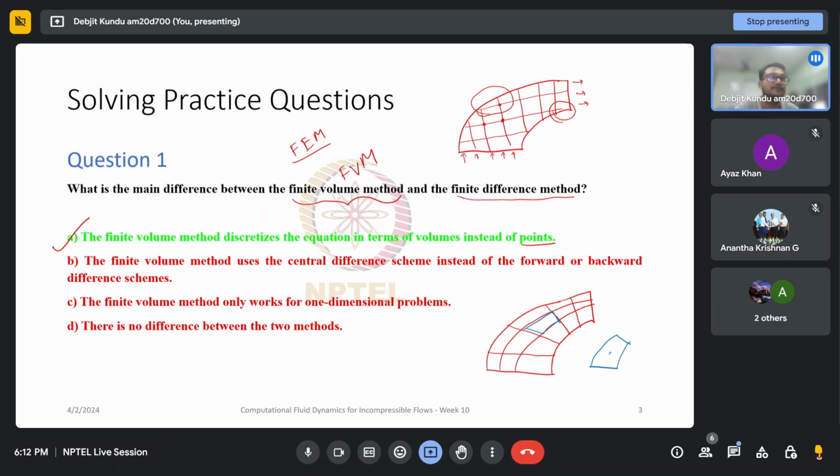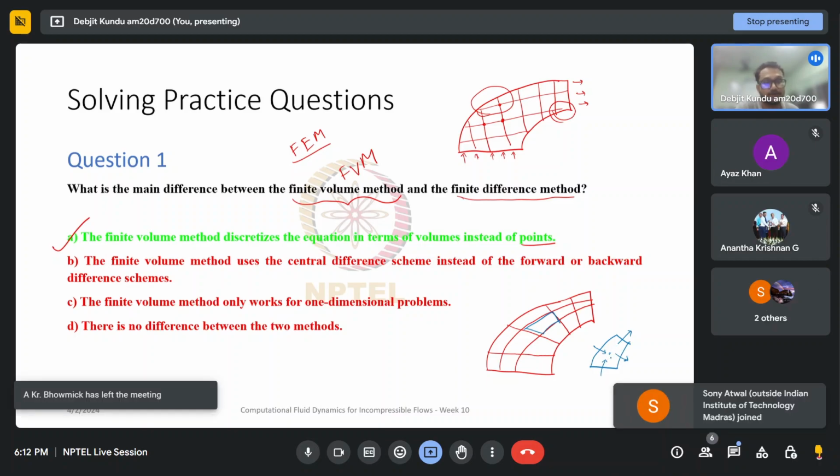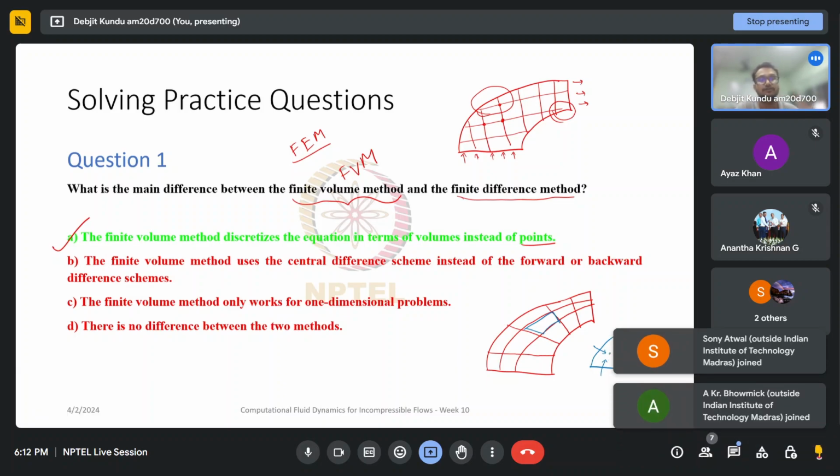Whatever flux comes in, goes out, is conserved. So we can apply the conservation equations in an integrated fashion to these individual control volumes, and the aggregate of that would be good enough to represent the actual geometry. That's why this method is so powerful.